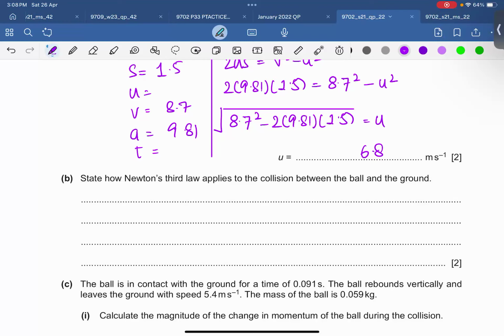When the ball hits the ground, the ball exerts a force equal to the force exerted by the ground, but in the opposite direction. Okay, Rayan, that's good.